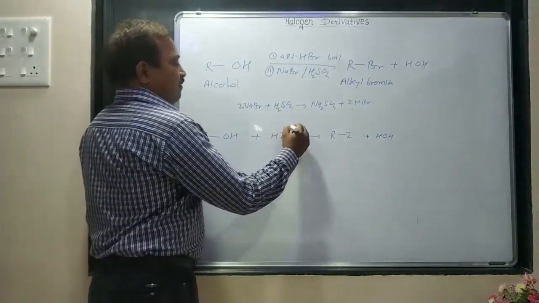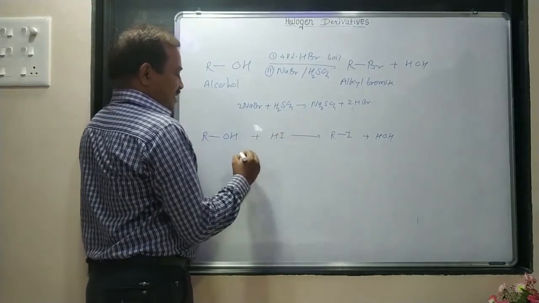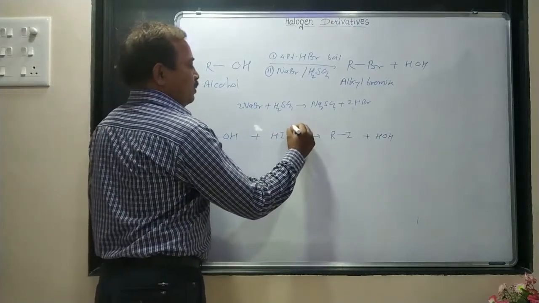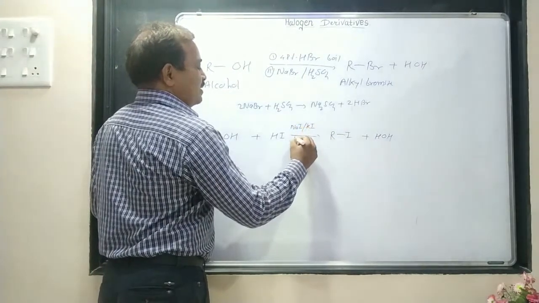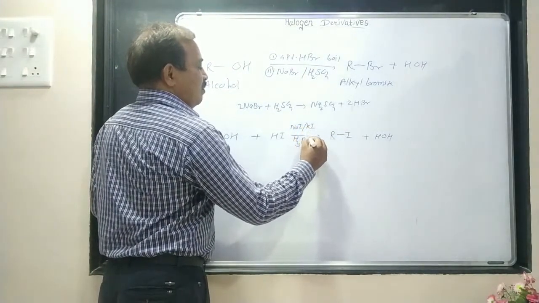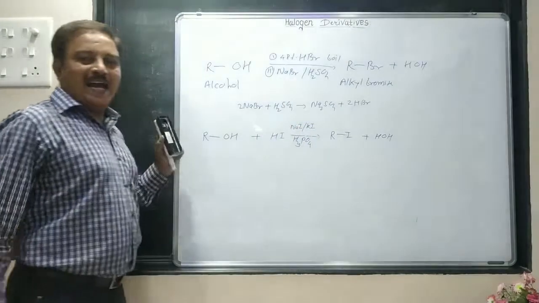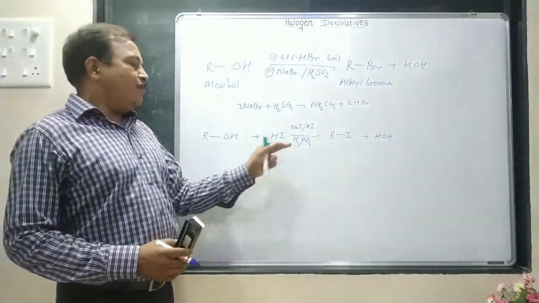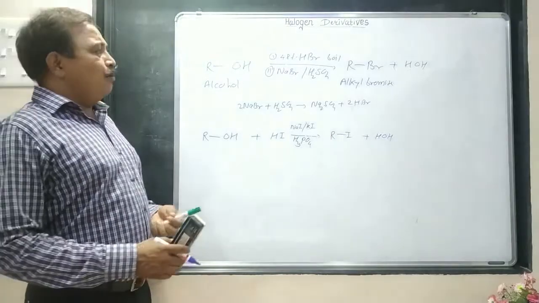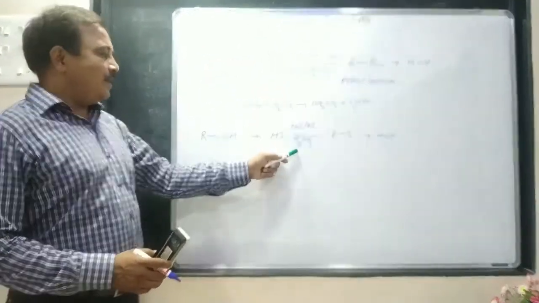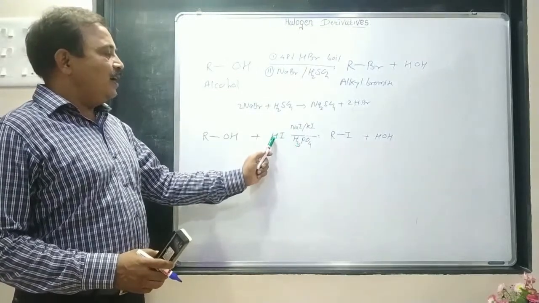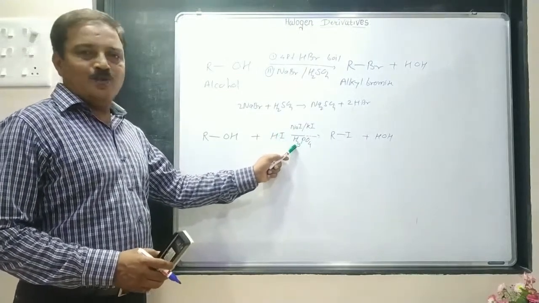For this we can prepare HI in situ by using NaI or KI in the presence of H3PO4, phosphoric acid. For the preparation of HBr we used H2SO4, but for the preparation of HI, H2SO4 is not used.